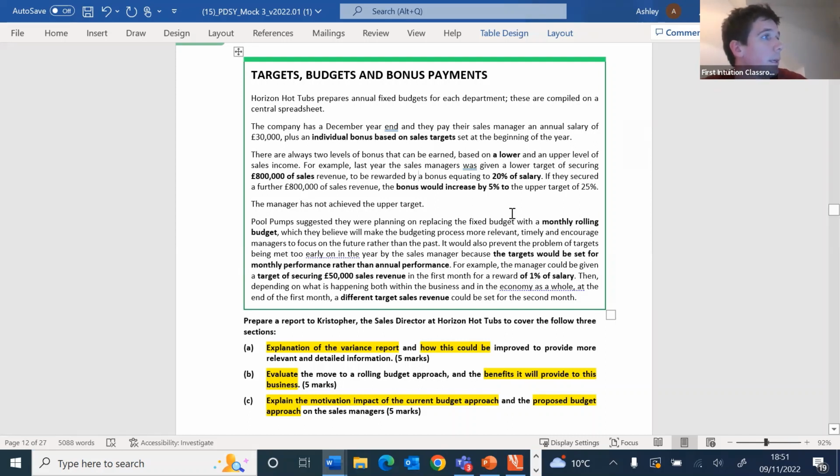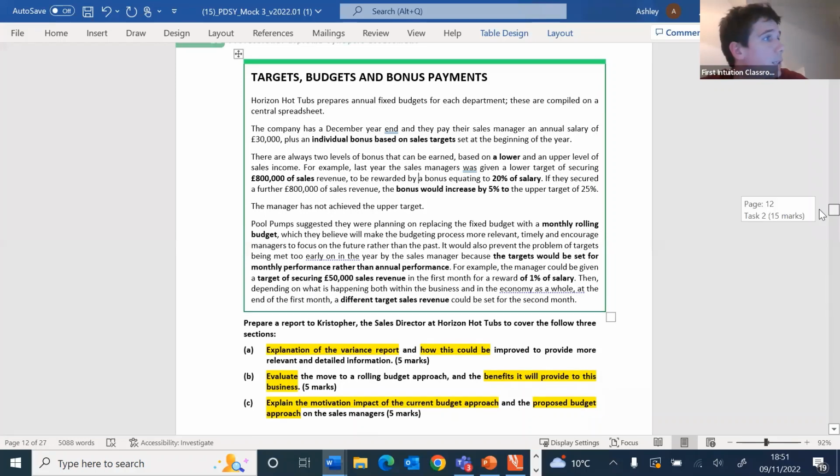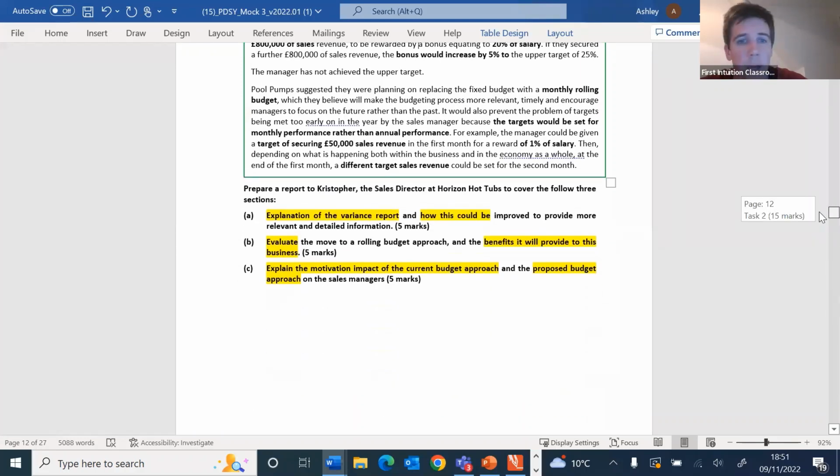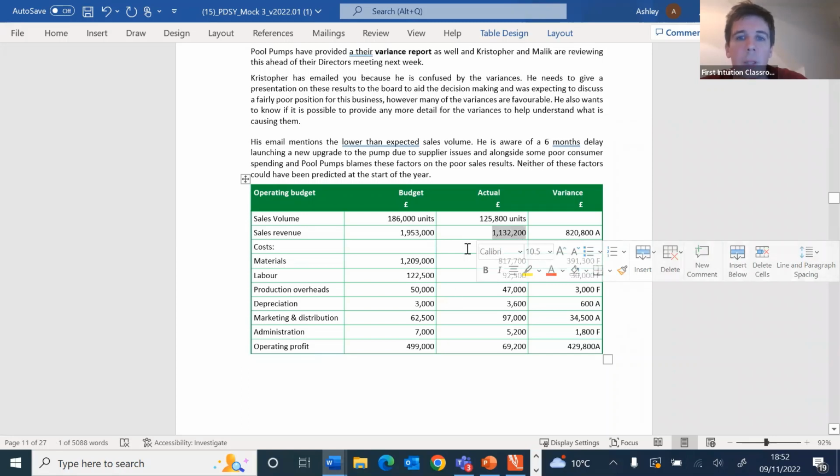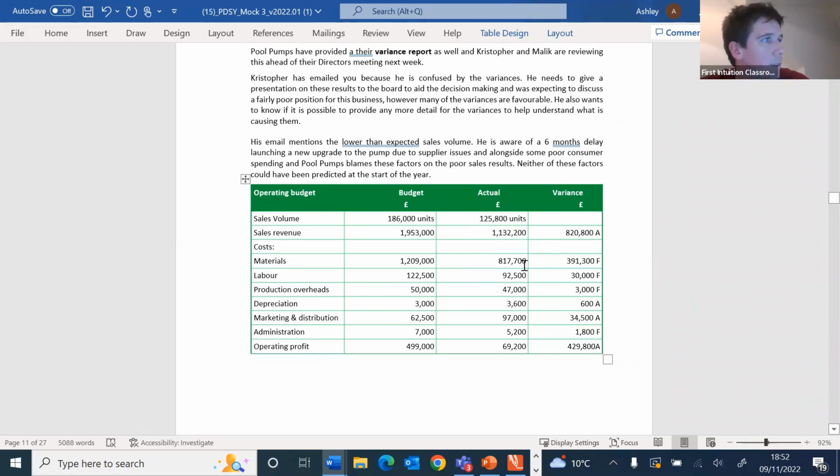Yeah, absolutely. It appears to be relatively easy to achieve the lower level. I mean, I suppose you can see that here. Even with a much lower level of sales, the 800 grand has been hit.